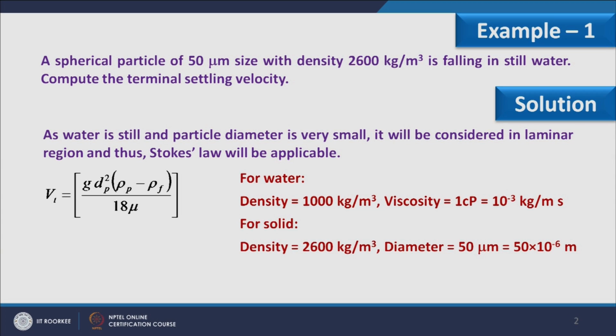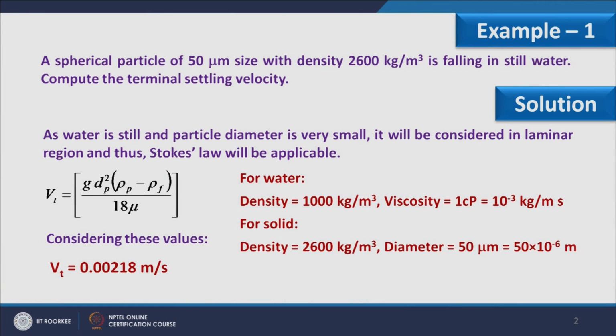And the parameters used for solid: density is 2600, that is given in the problem, and diameter is 50 micrometer, which is 50 into 10 to the power minus 6 meter. So all parameters are known to us, so we can calculate the terminal settling velocity directly by following the Stokes Law.